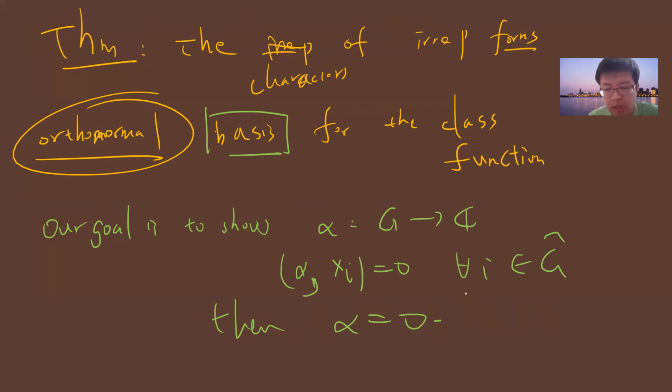Once we have this, we can conclude that these characters span the class functions. Let me give the corollary: once we have this, since they form an orthonormal basis, we prove that the number of elements of G hat is the same as R. So this is our meat.